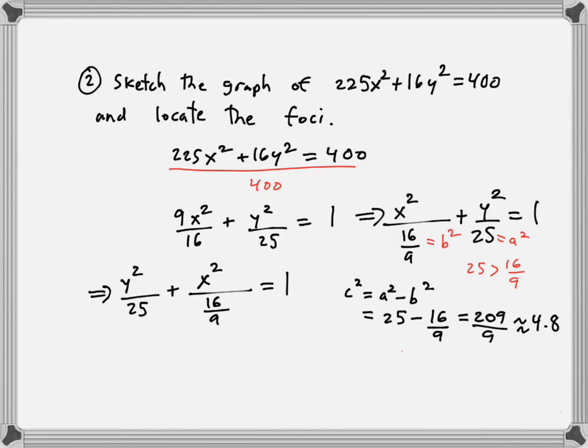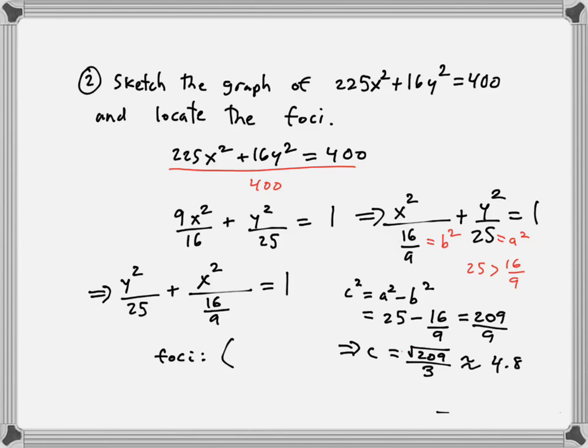Okay, so then what would our foci be? 209 over 9 is not approximately, so I wrote this wrong. That's c squared, right? So c is equal to the square root of 209 over 3, which is approximately equal to 4.8.